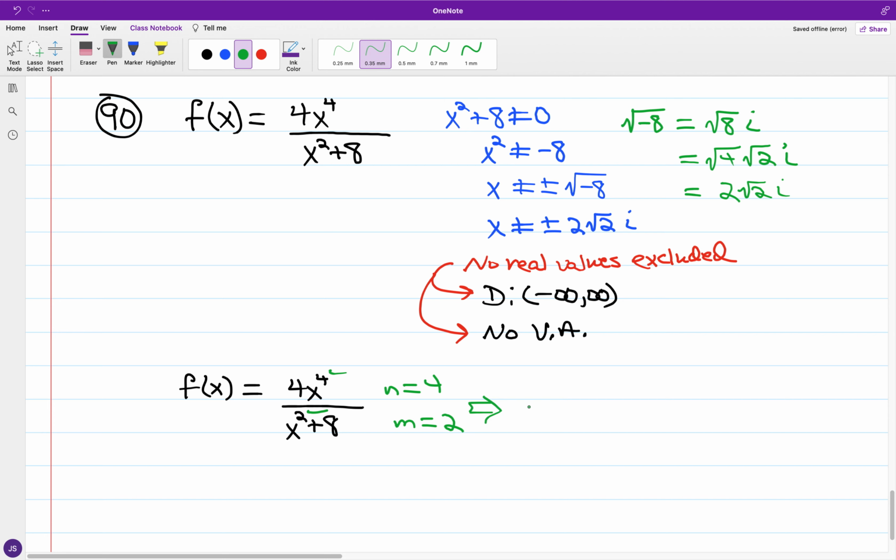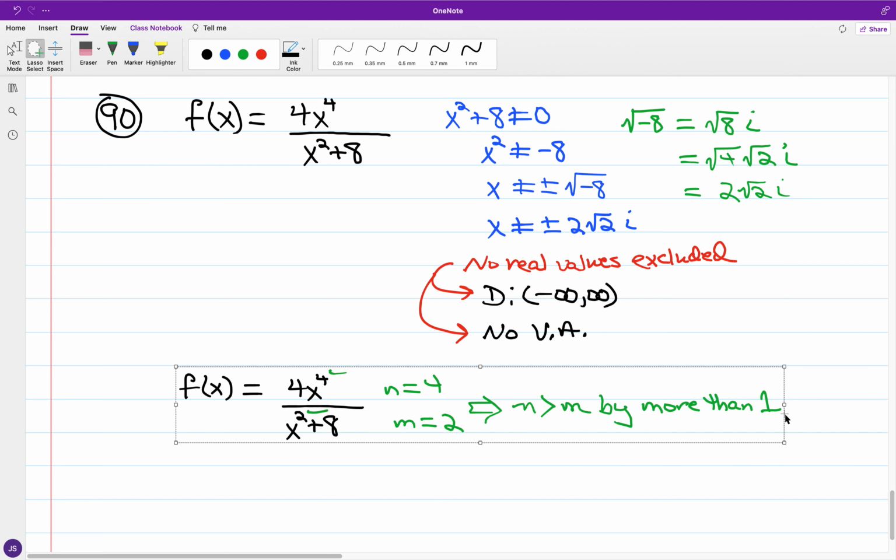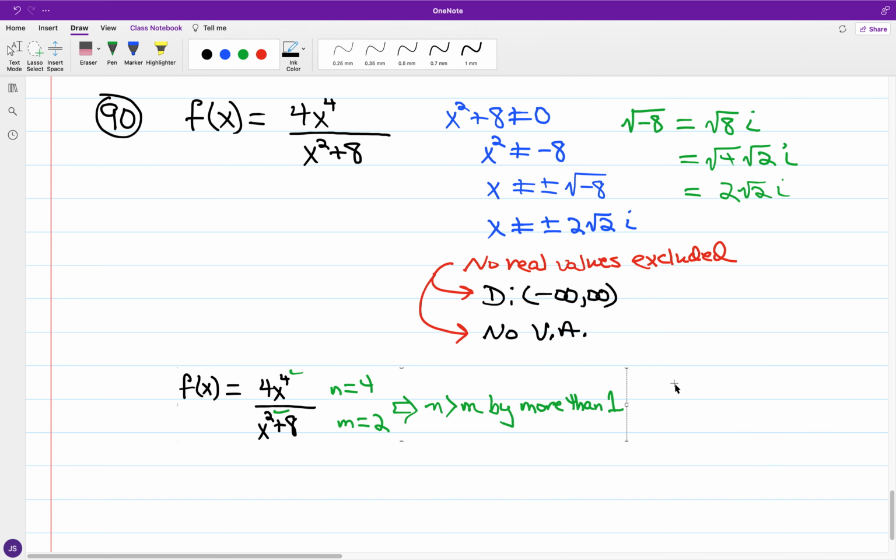And this is going to be our only case out of the prior problems and examples where the degree of the numerator is going to be greater than the degree of the denominator by more than 1 degree, with the difference being more than 1. This is going to signify that not only will there be no vertical asymptote, but there will also be no horizontal or slant asymptote.